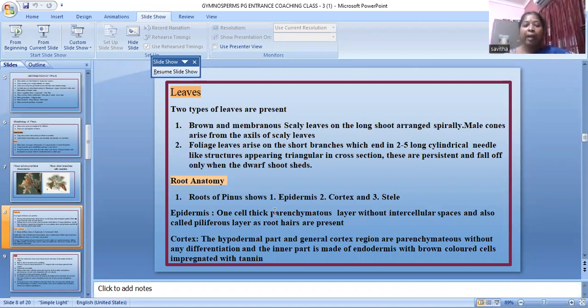They are parenchymatous in nature, and only the endodermis is differentiated in the cortical region, which is brown in color and impregnated with tannin cells.